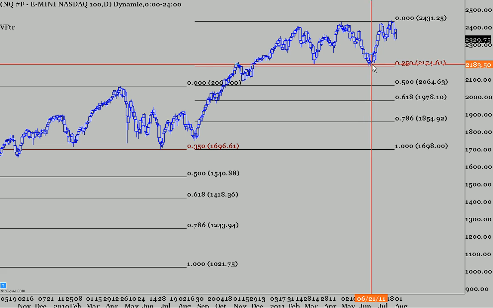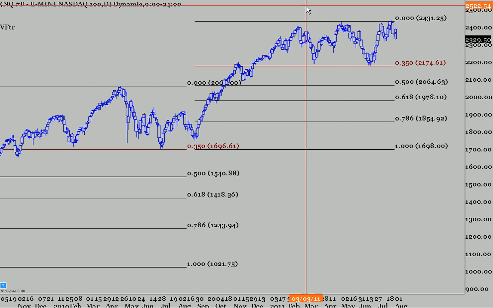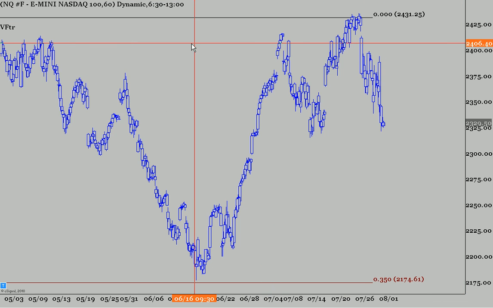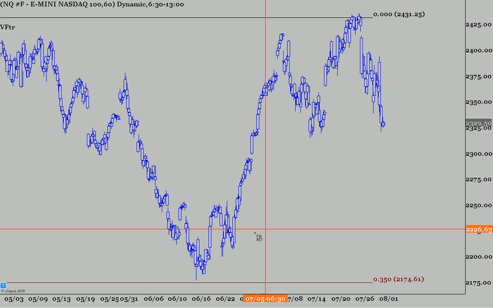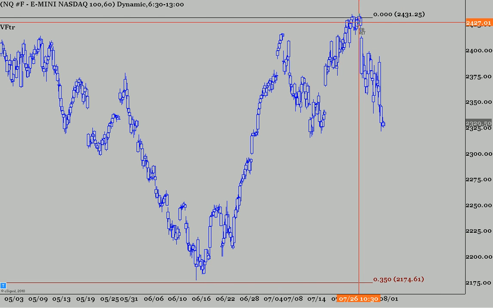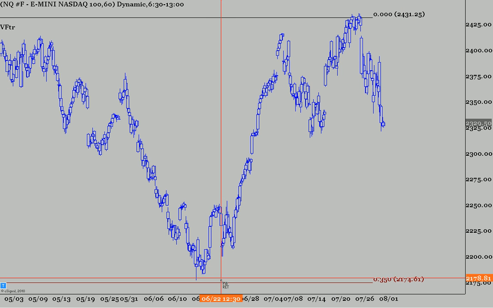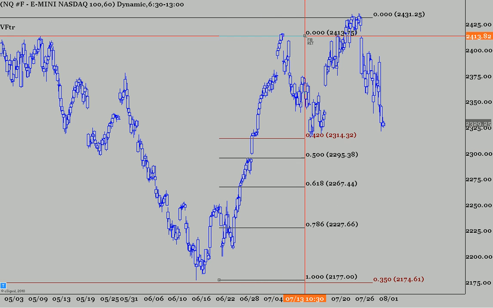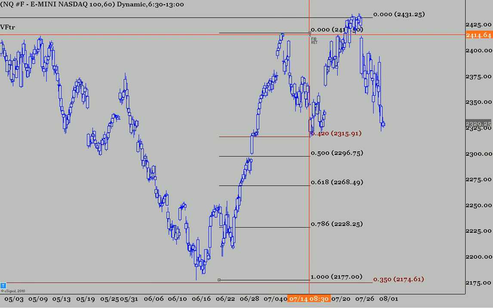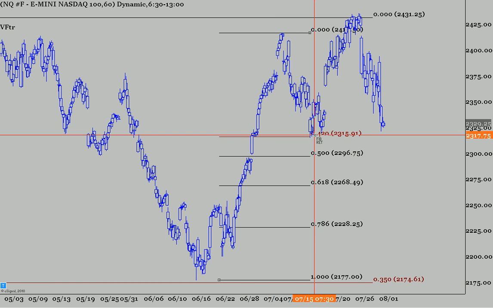Now, if we break down this leg on a 60-minute chart, we can look and see what the symmetry is here. So we'll come from this low to this high, and 42% has symmetry here.